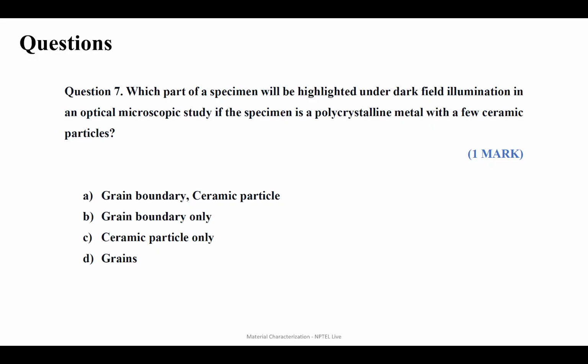Which part of a specimen will be highlighted in dark field illumination in an optical microscopy study if the specimen is a polycrystalline metal with a few ceramic particles? Grain boundary and ceramic particle, grain boundary only, ceramic particle only, or the grains.